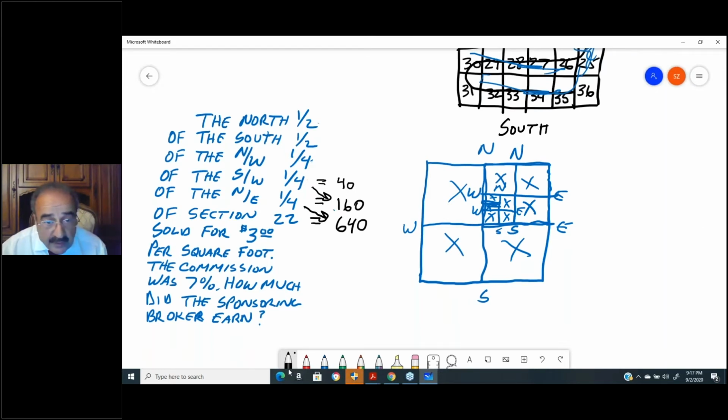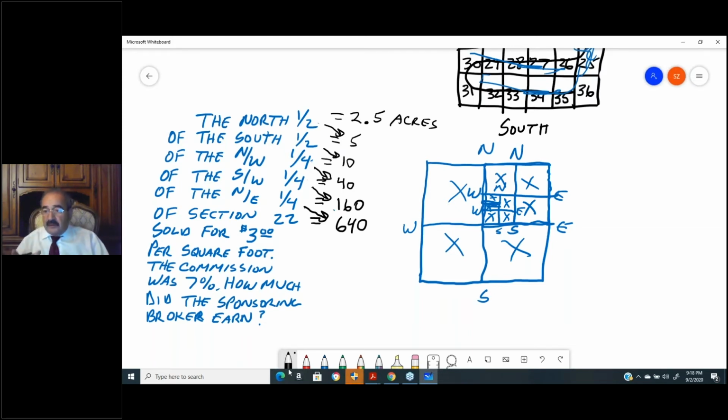And I take a fourth of that. So 4 divided into 40 equals 10 acres. And then half of that, 2 divided into 10 equals 5. 2 divided into 5 equals 2.5 acres. This parcel of land contains 2.5 acres.